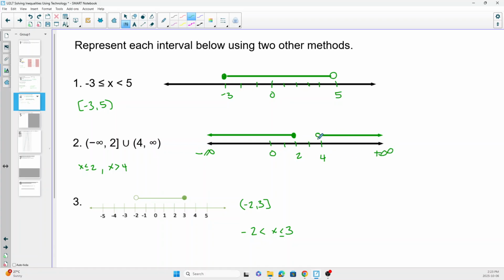And so we could represent it on a number line, or we could say when x is less than or equal to 2, and when x is just greater than 4, but not equal to 4. And then again, the last one is between 2 points, and we have from -2 up to 3, not inclusive of -2, but inclusive of 3.